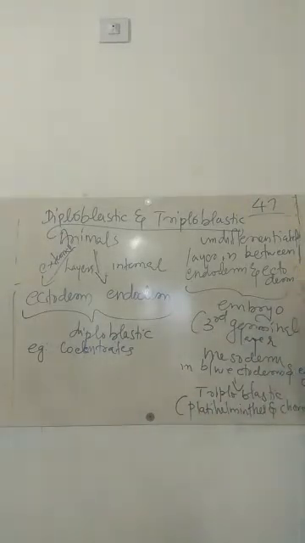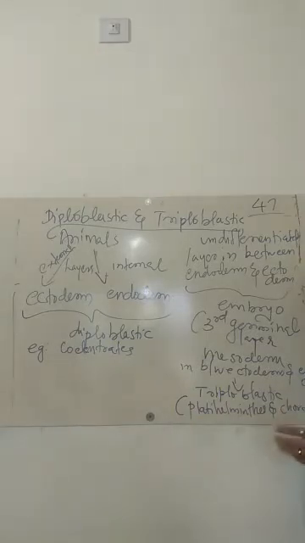That means the cnidarians are the example for diploblastic. An undifferentiated layer, that is mesoglea, is present in between the endoderm and ectoderm.